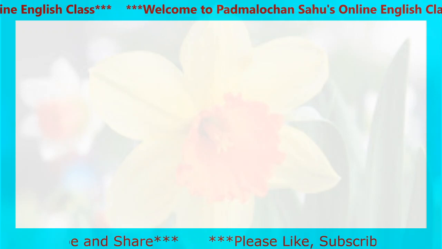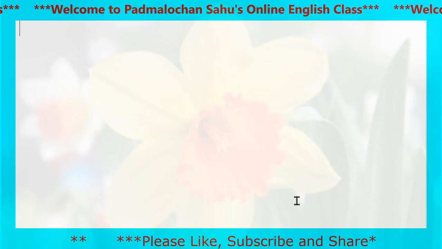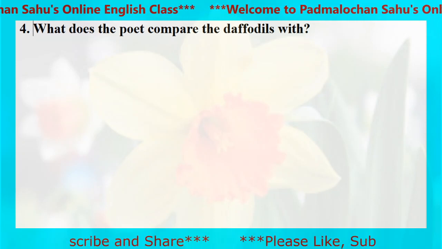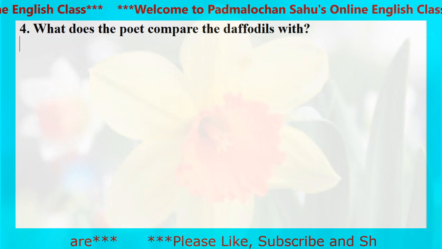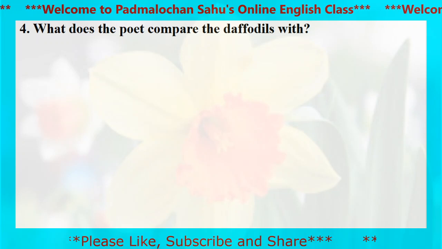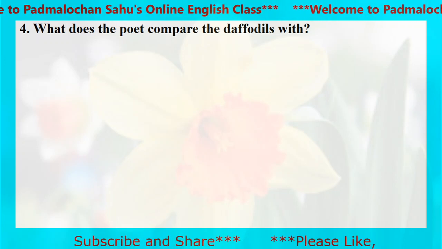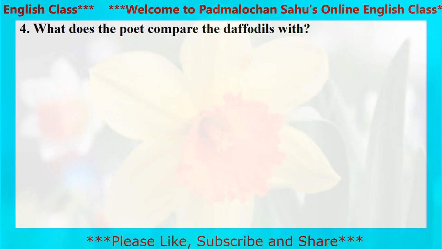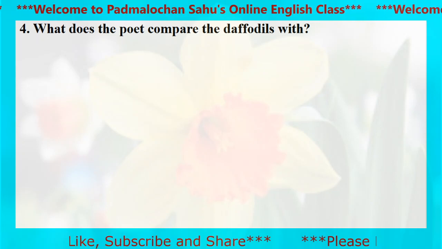what does the poet compare the daffodils with? So what will be the answer? The poet William Wordsworth compares the daffodils with the shining and twinkling stars in the Milky Way galaxy, isn't it?